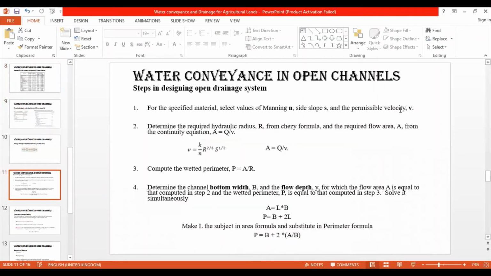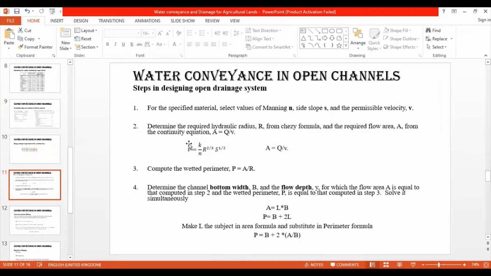So once we have these, the second thing that we need to determine is the hydraulic radius. Now we know that the hydraulic radius is what determines the area and the perimeter. Since we have determined the velocity from the permissible velocity from the first step, we can use the Chezy formula, which we gave previously.